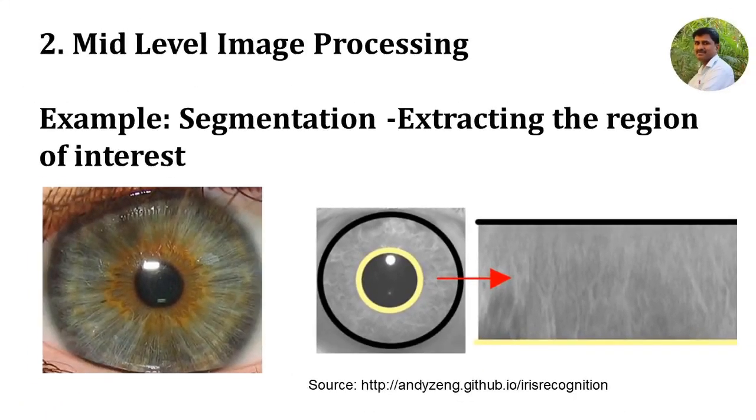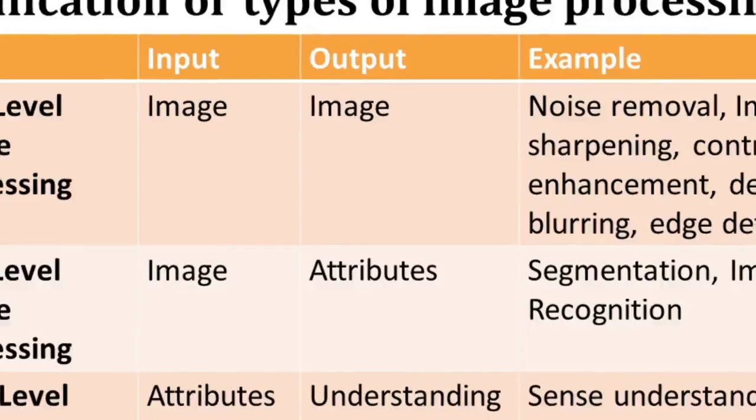Patterns of the iris is an important biometric identification for human beings. In iris biometric processing, only the iris region is to be extracted, leaving back the sclera and pupil area. Extracting any region of interest from the image is known as segmentation and it falls under this mid-level image processing.